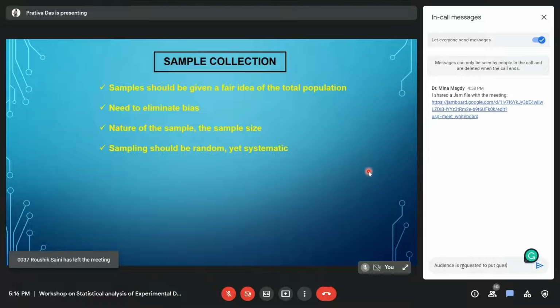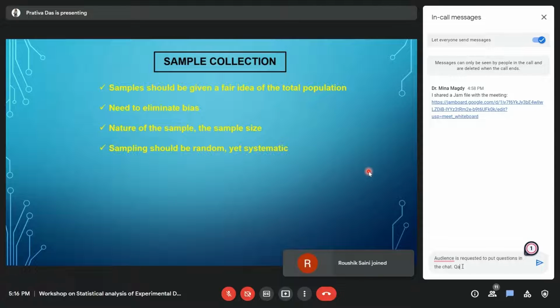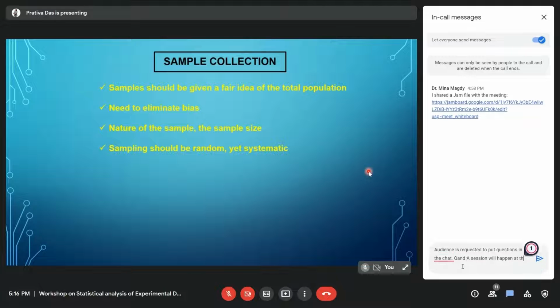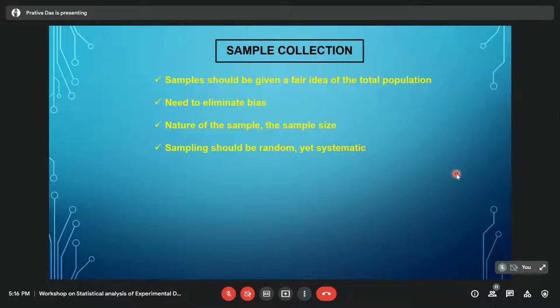For example, if you're checking the nutrition level in a certain population, you cannot consider only the nutrition level of the rich and neglect the poor, or only the poor and neglect the rich. It should be a mixture of both, and your sample should be able to represent the whole population. That is also going to eliminate any kind of bias.